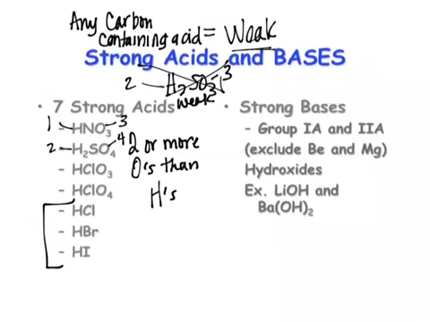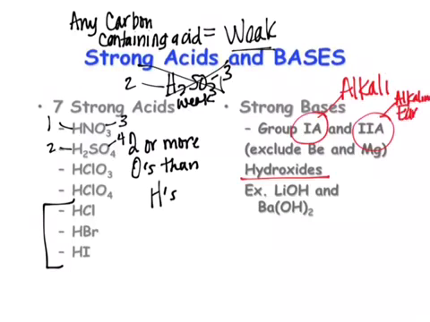Now the strong bases. Strong bases are those ones that are going to end in hydroxide. They're going to be the group 1A, which is our alkali metals, and our group 2A, which is our alkaline earth, with the exception of beryllium and magnesium.